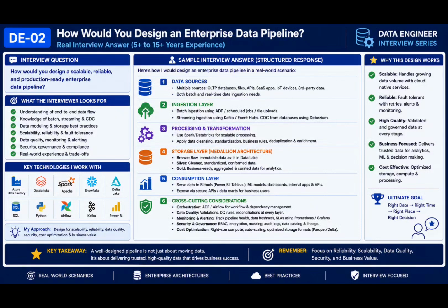That's how I would explain how to design an enterprise data pipeline in a real data engineering interview. Remember, interviews are not just looking for tools, they want to see that you understand end-to-end architecture, scalability, reliability, data quality, security, and business impact.